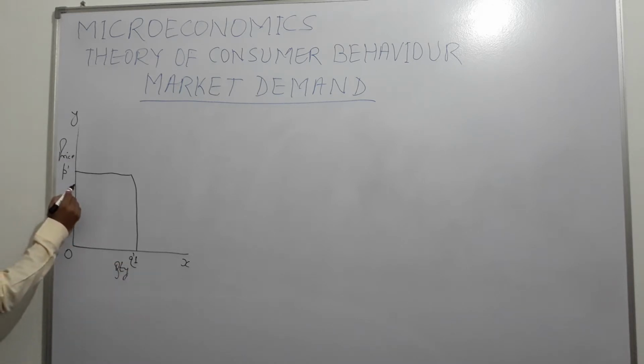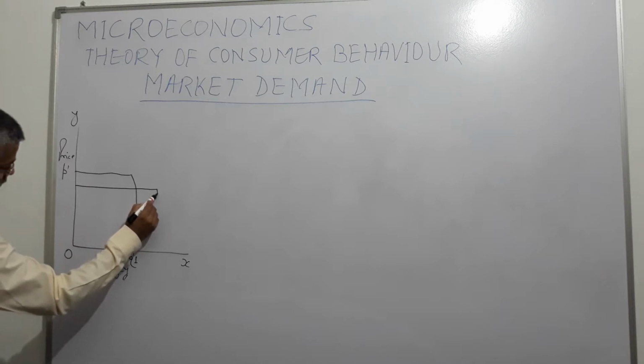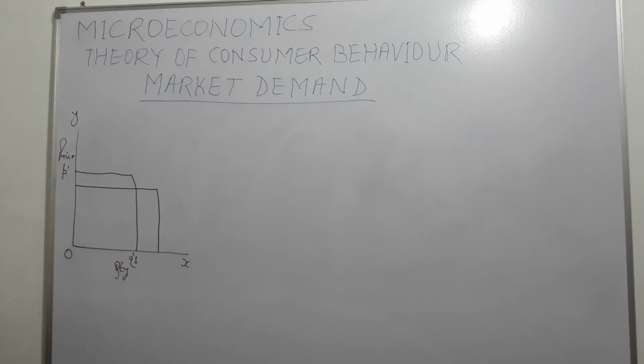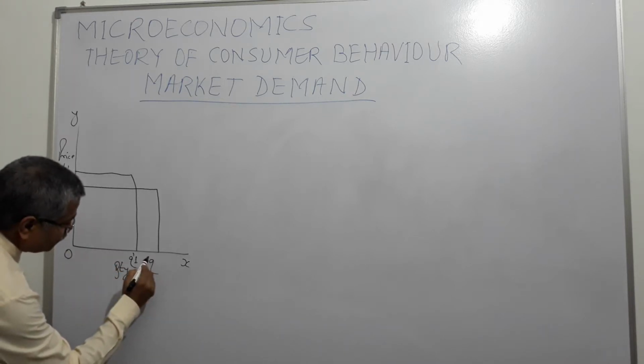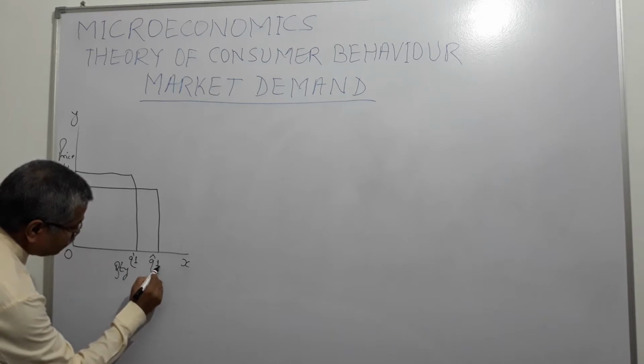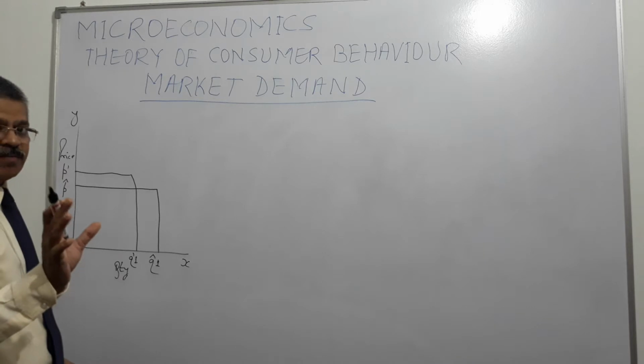Then you take another price, P hat. At P hat, the quantity demanded is Q hat 1. We will go slow so that you are able to get it.